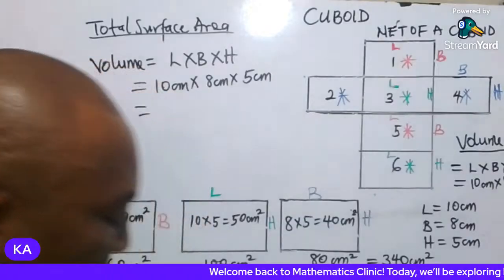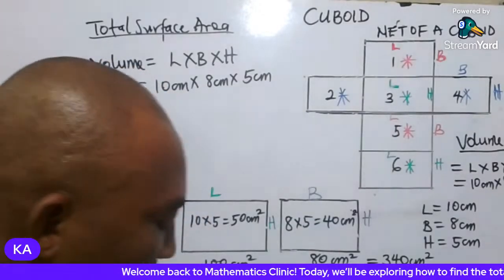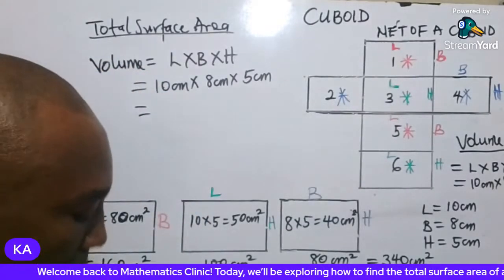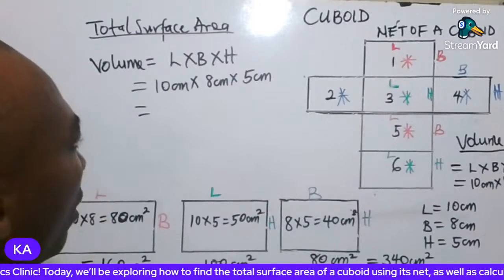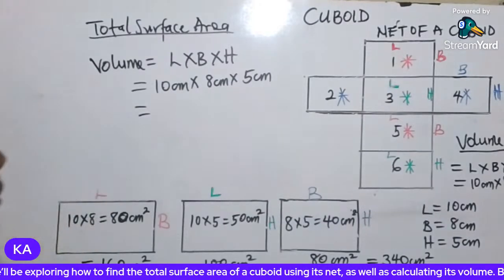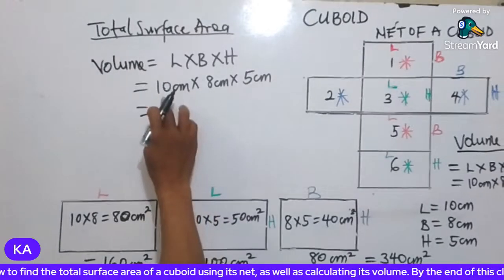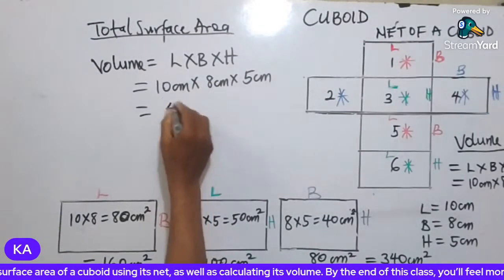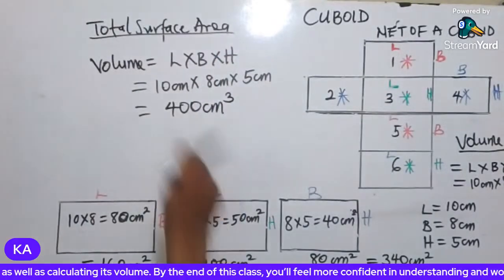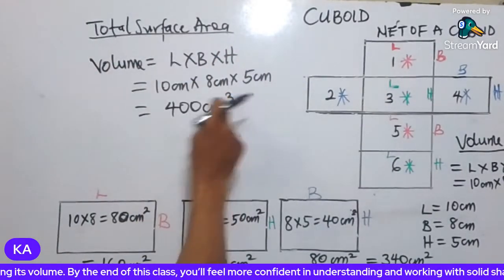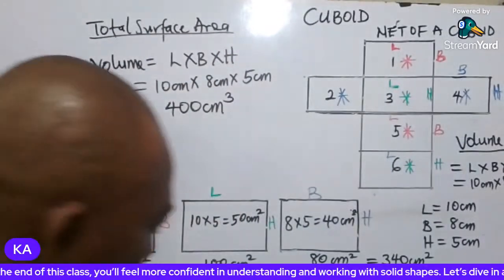Those that are in the math clinic, can you do that? That is 80 multiplied by 5. That will give us 400 centimeter cube. Don't forget the unit of a volume is cube. So 400 centimeter cube.